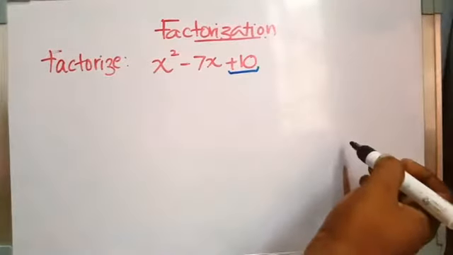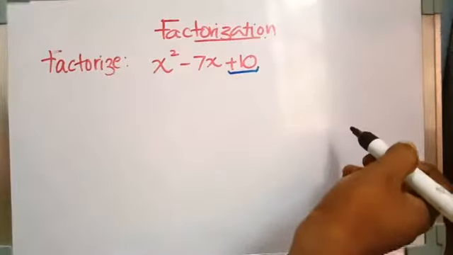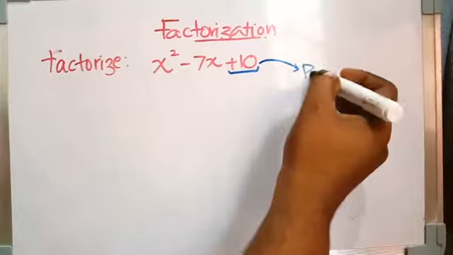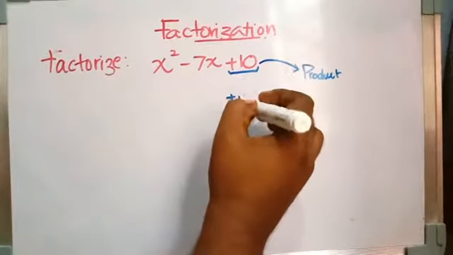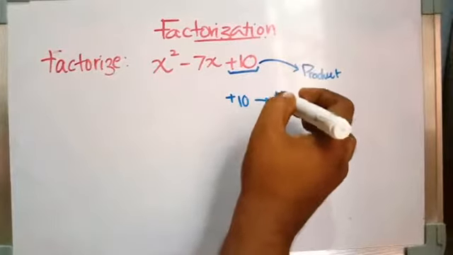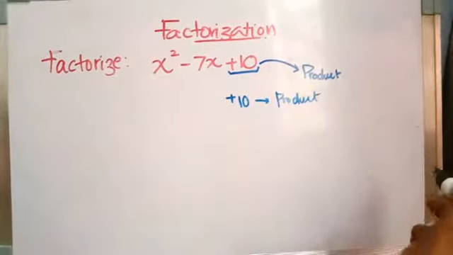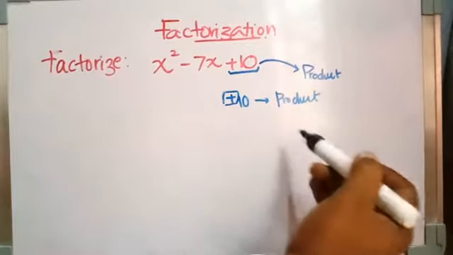The last term is 10, which is positive. And you know the last term, plus 10, is formed by the product of two numbers. Let's think about the sign of the numbers.